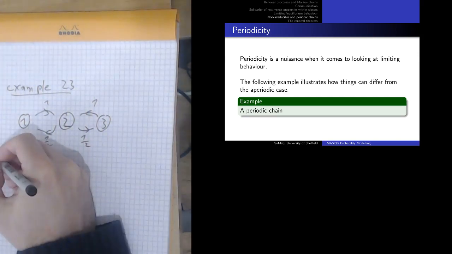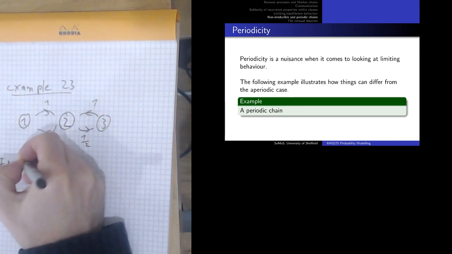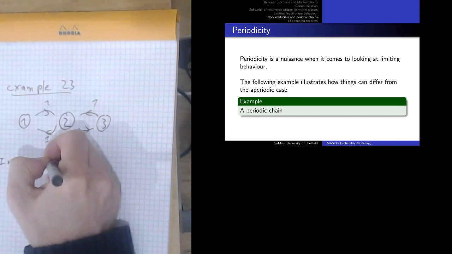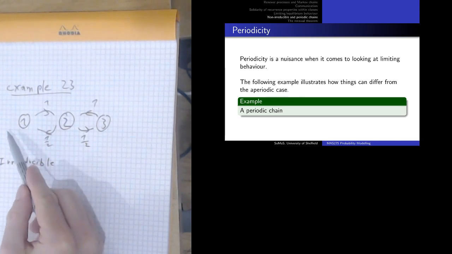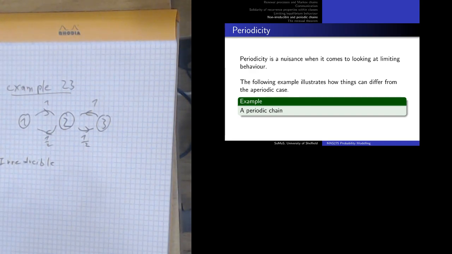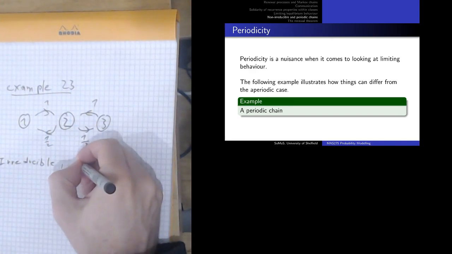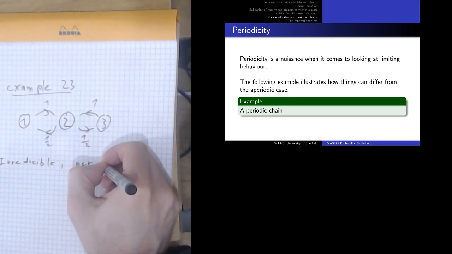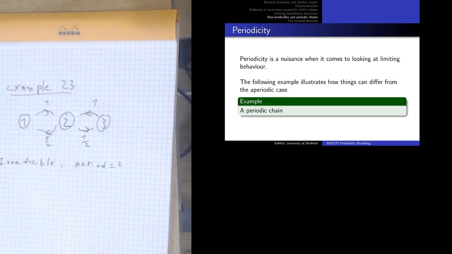It's very easy to see that this thing is irreducible, because, of course, you can go from anyone to anyone, no problem. And the period is 2, because if you want to go back to your starting point, you need to make an even number of steps, and you can do it with exactly 2 steps.